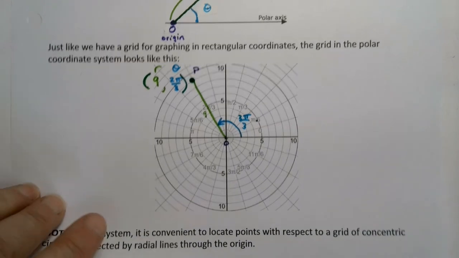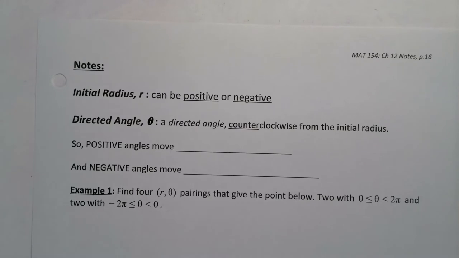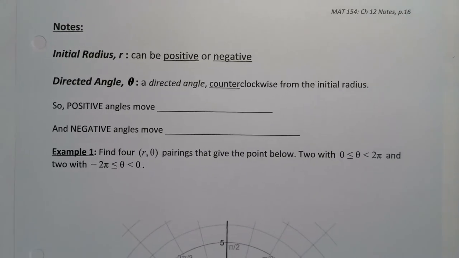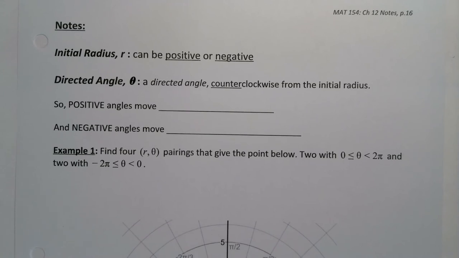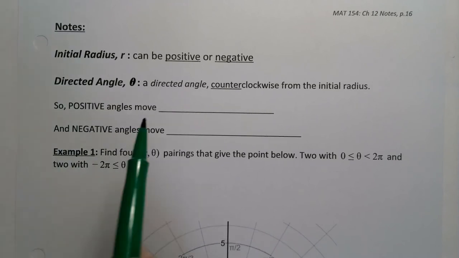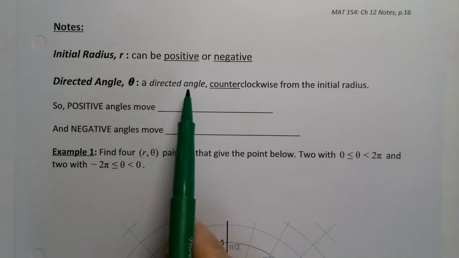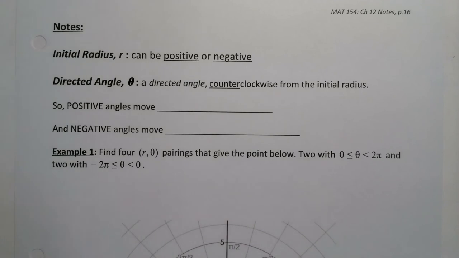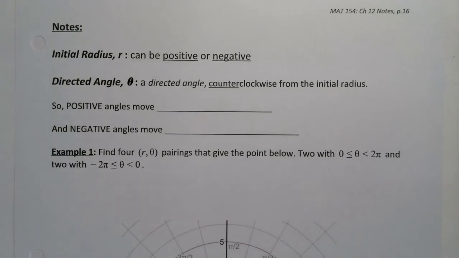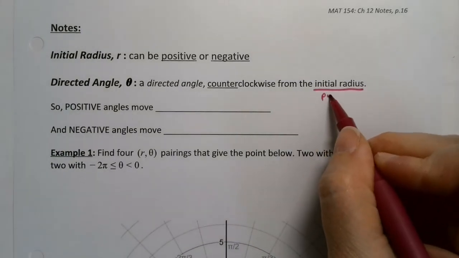Now we can expand on this a little bit to go a couple ways. So an initial radius can actually be positive or negative. I'll show you what that looks like in a second. And that angle theta is assumed to be a directed angle. It's counterclockwise from the initial radius, the initial polar axis. So on the previous page, I called this the polar axis.